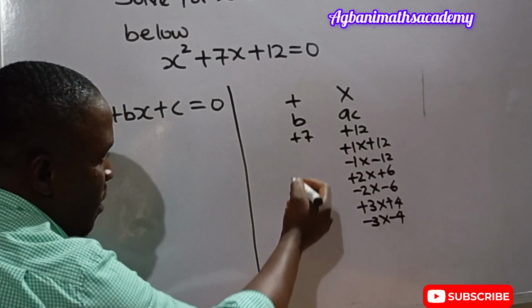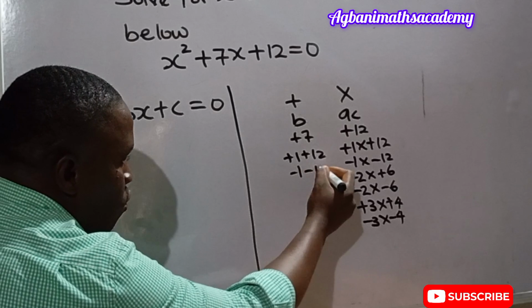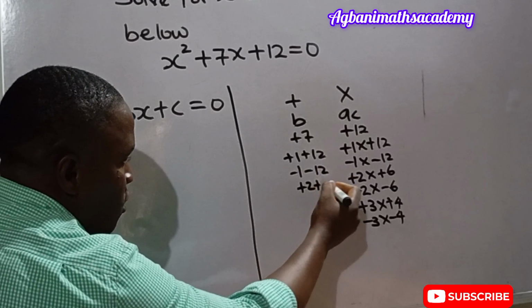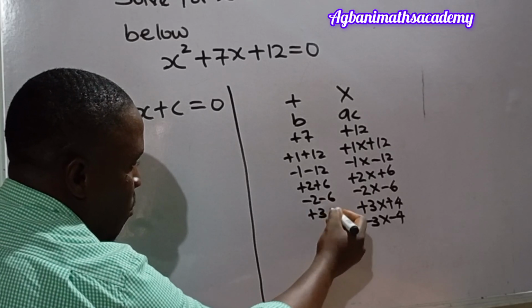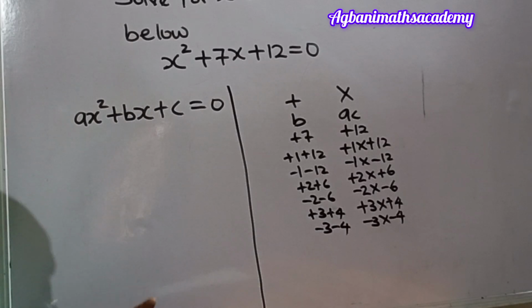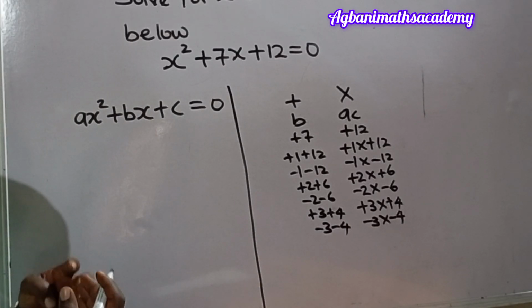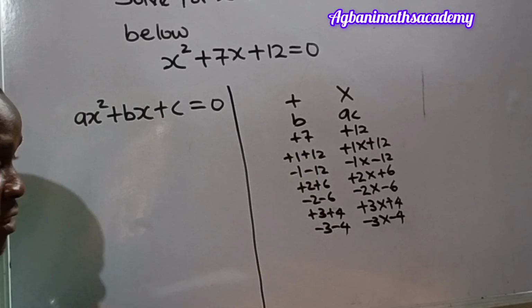So let's repeat these numbers. We have plus 1 plus 12, minus 1 minus 12, plus 2 plus 6, minus 2 minus 6, plus 3 plus 4, minus 3 minus 4. So which among these will add to give us plus 7? Plus 1 plus 12 gives us plus 13.